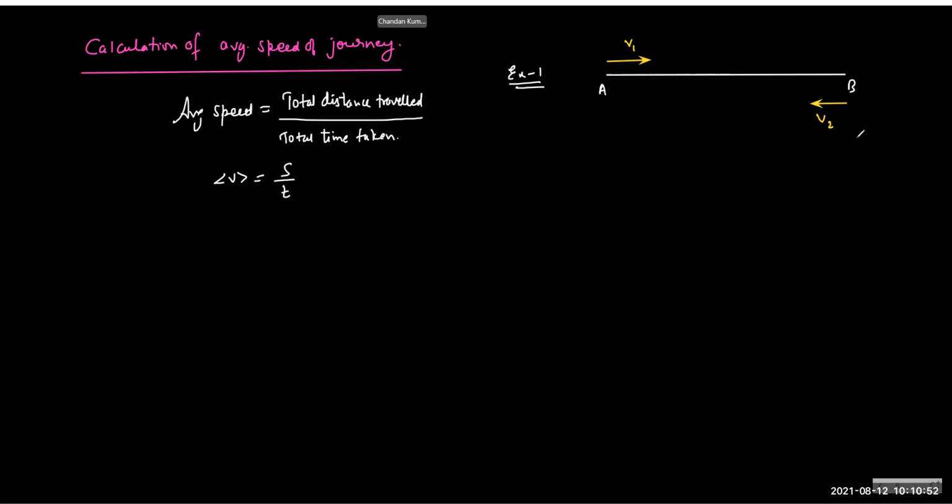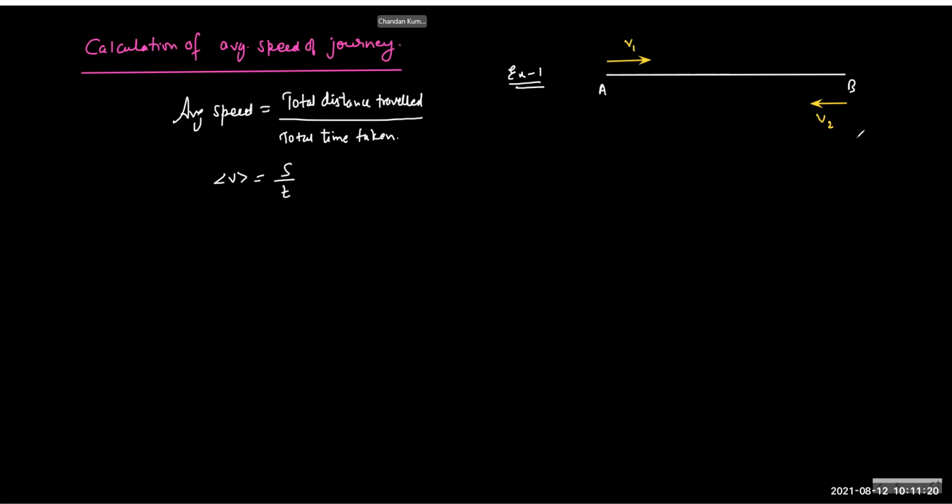So you go from A to B with uniform speed V1, but you come back with uniform speed V2. So can I say that the round trip journey was uniform? Yes or no? I'm asking about the uniform speed only.